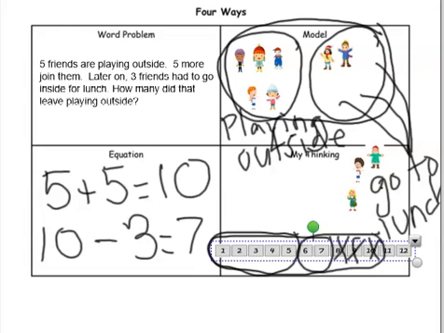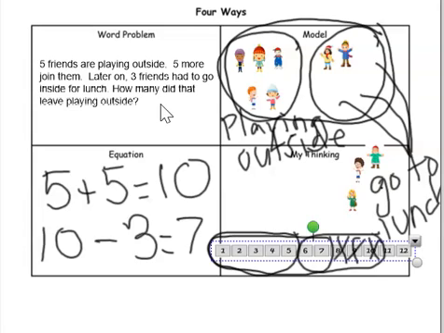So let's read this problem one more time to see if our answer makes sense. Because we said that 7 are playing outside. 5 friends are playing outside. 5 more joined them. Later on, 3 friends had to go inside for lunch.